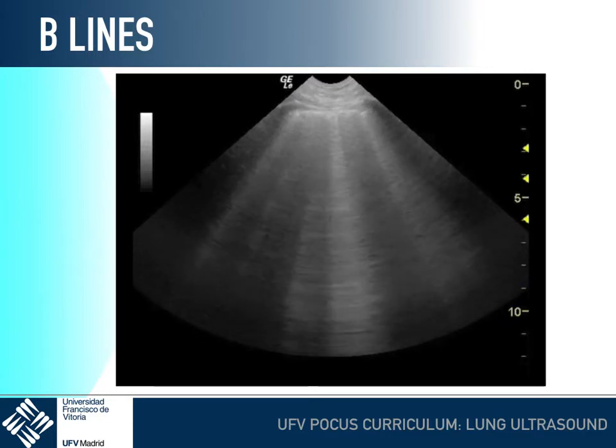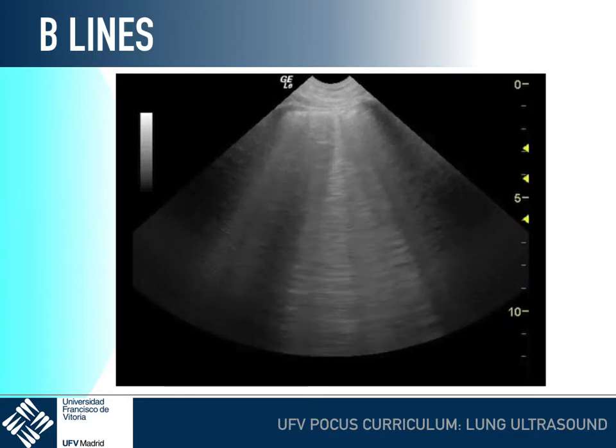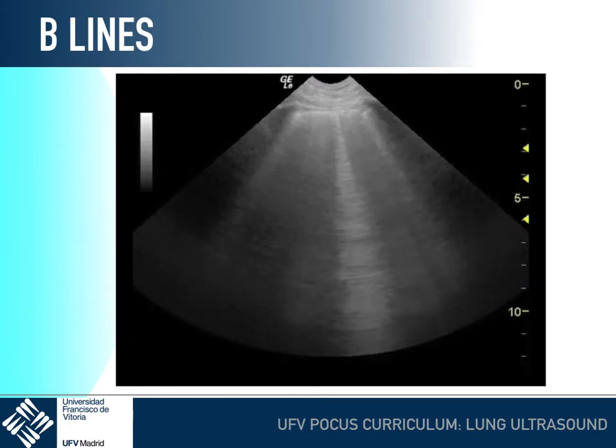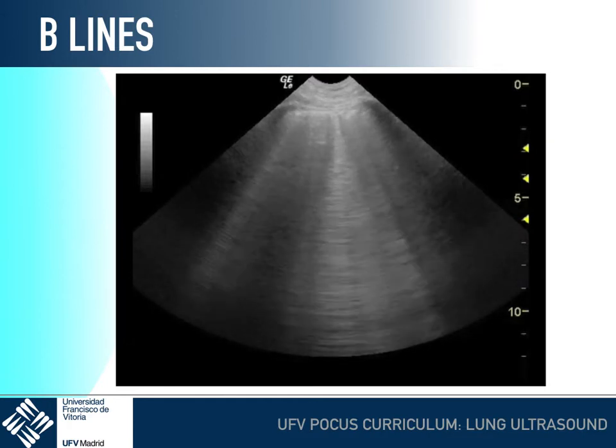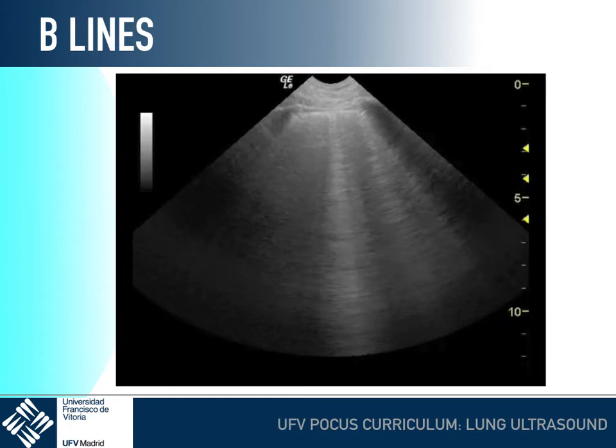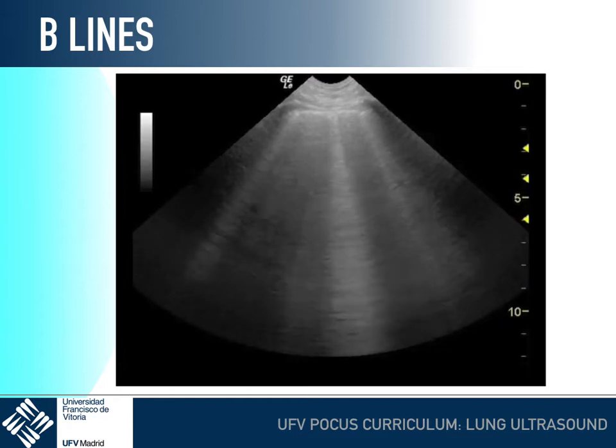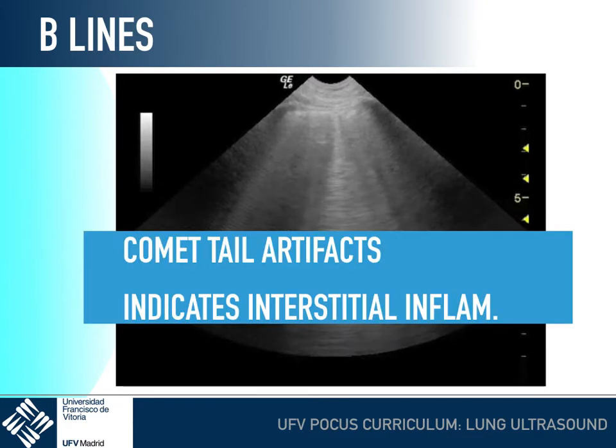When the interstitium begins to enlarge in terms of fluid or cells or inflammation, the comet tails that you are looking at in the screen begin to arise. These comet tail artifacts are called B lines and indicate interstitial inflammation.